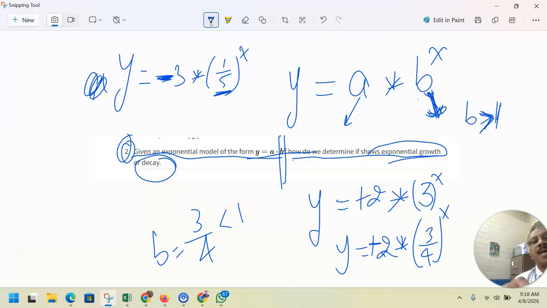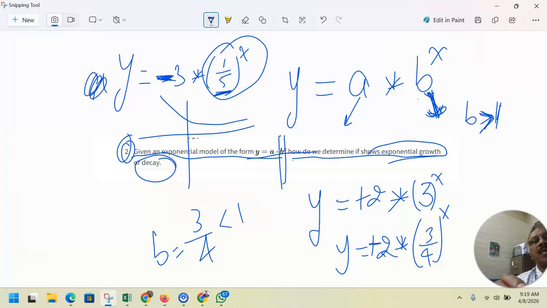What this minus does is the actual graph of this is this way, but because of the minus, the graph reflects over the x-axis. So this will be like growth. Even though it is a fraction, the minus makes it growth. So that's how to understand it.